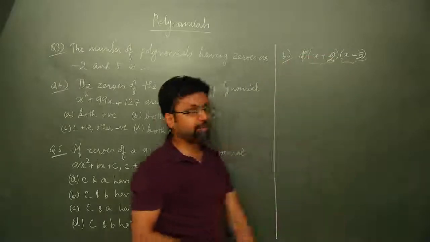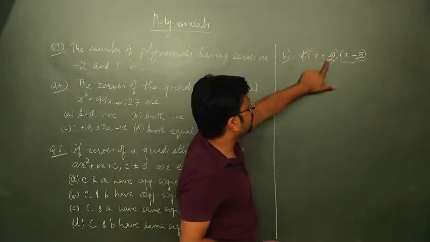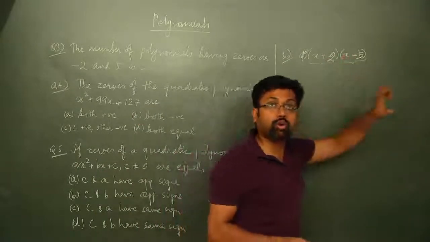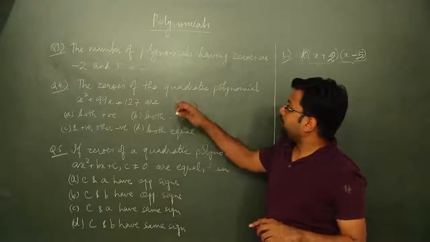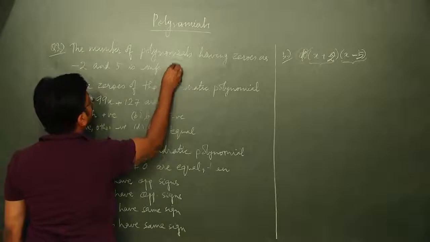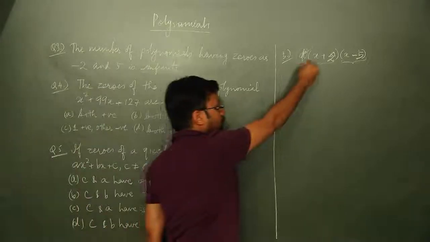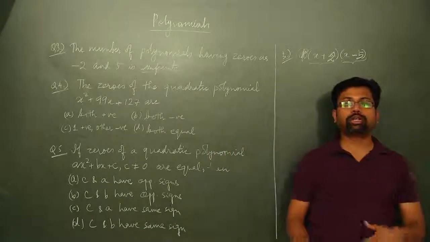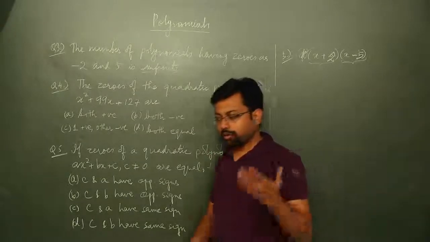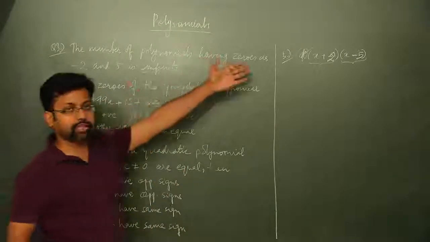So there will be n number of quadratic polynomials. For all of them, the zeros will always be -2 and 5 only. So the answer to this would be infinite. You can go on changing the value of A and you'll keep on getting a new quadratic polynomial. For all of them, the zeros are going to be -2 and 5 as per the given form.